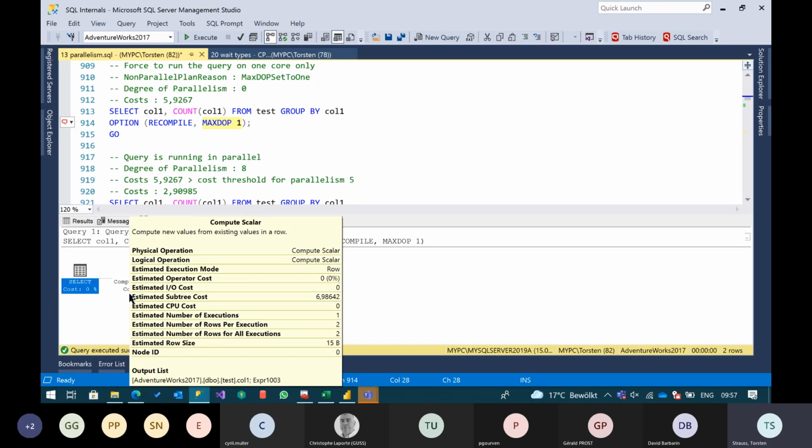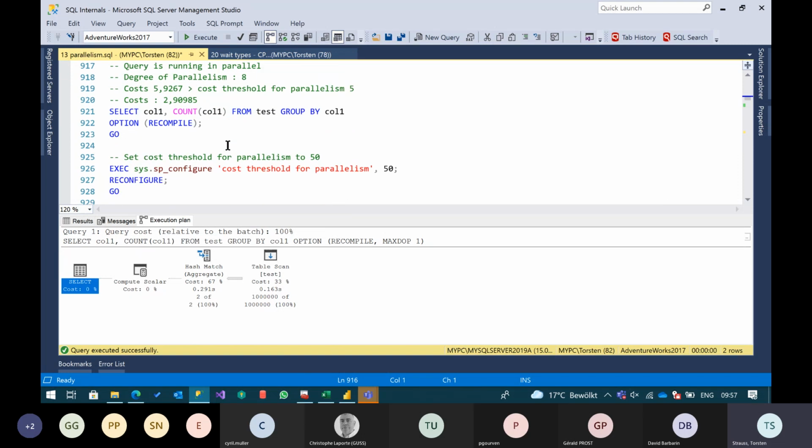A top operator, again, is a good example. Whenever you use a top operator, SQL Server cannot run the query in parallel. So do not wonder when some queries, which are very expensive, cannot run or will never ever run in parallel. There is no chance to do it.